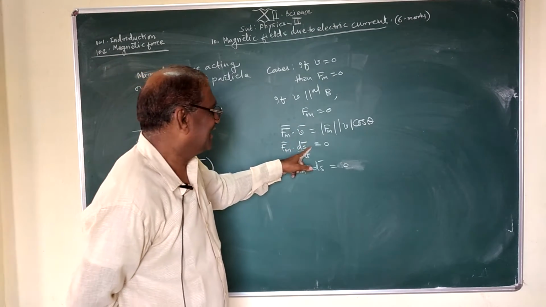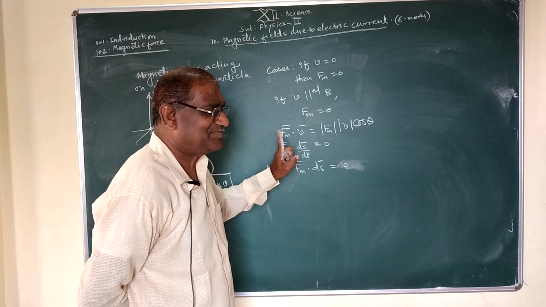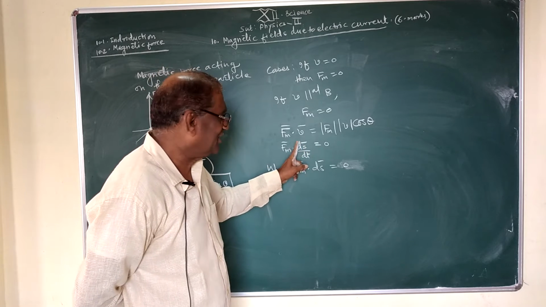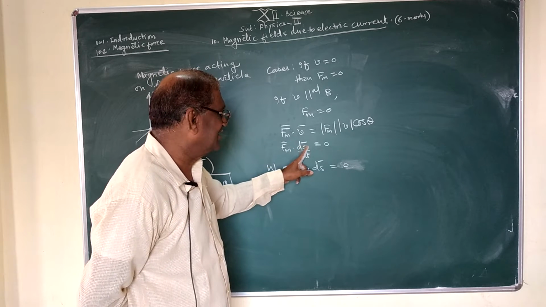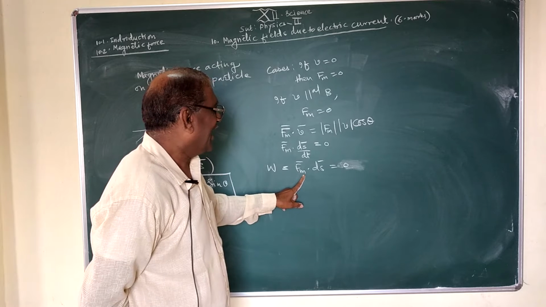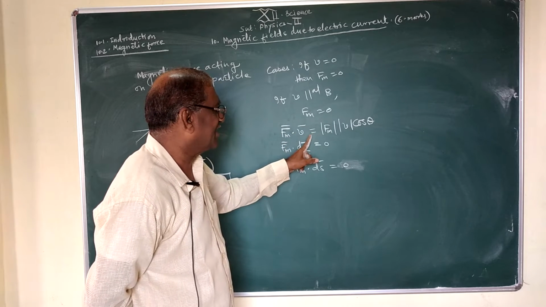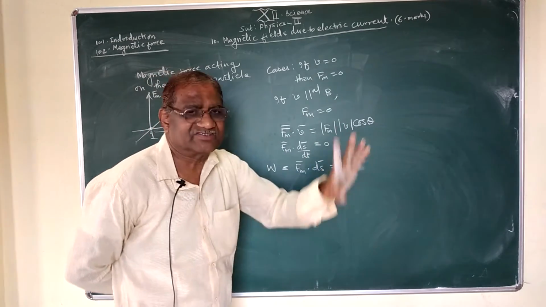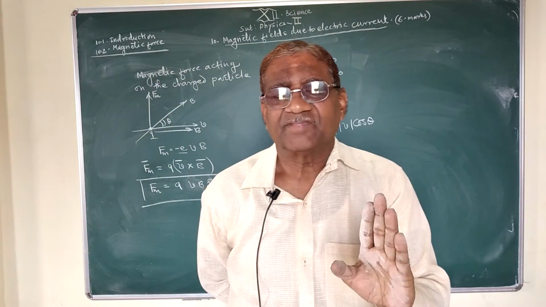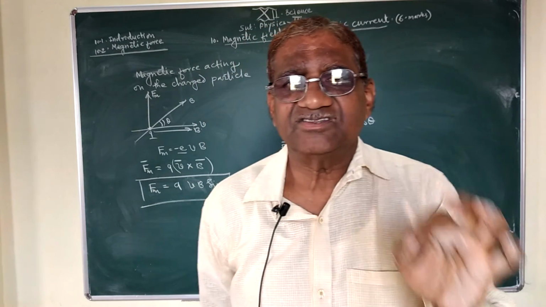Velocity vector is nothing but the displacement vector, and when the dot product of force and velocity vector is equal to 0, it means that no work is done on the charged particle.